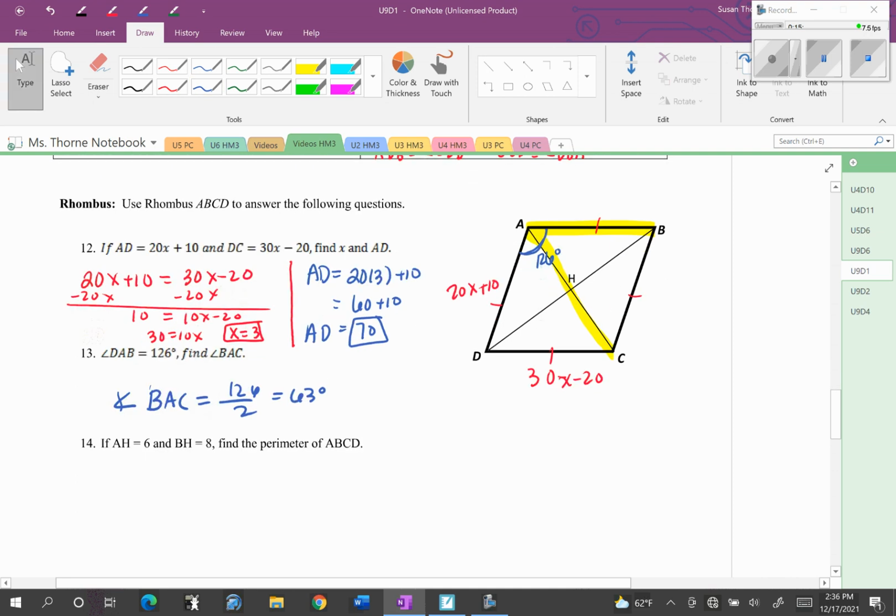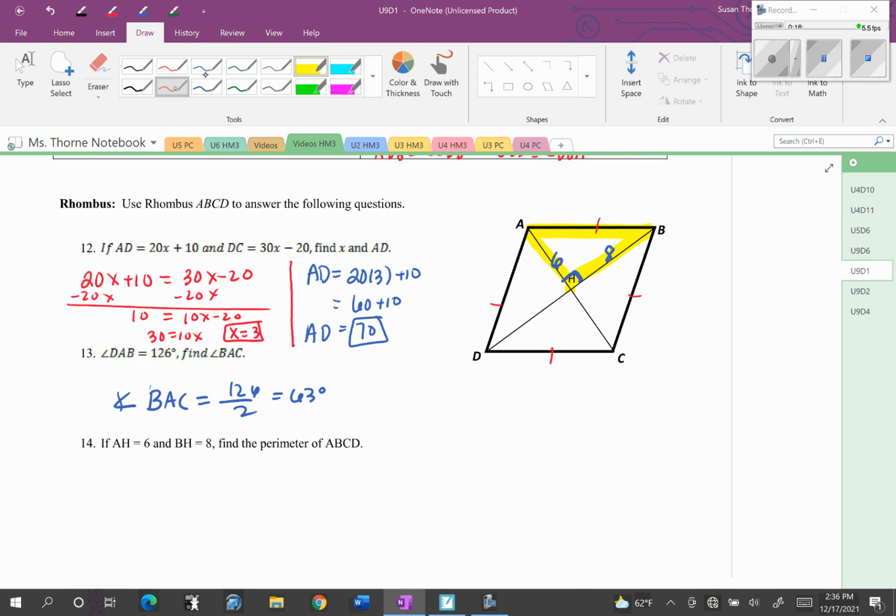And then it says if AH is equal to 6 and BH is equal to 8, we want to find the perimeter of ABCD. So remember that these make right angles here. So that means that this would be a right triangle here.